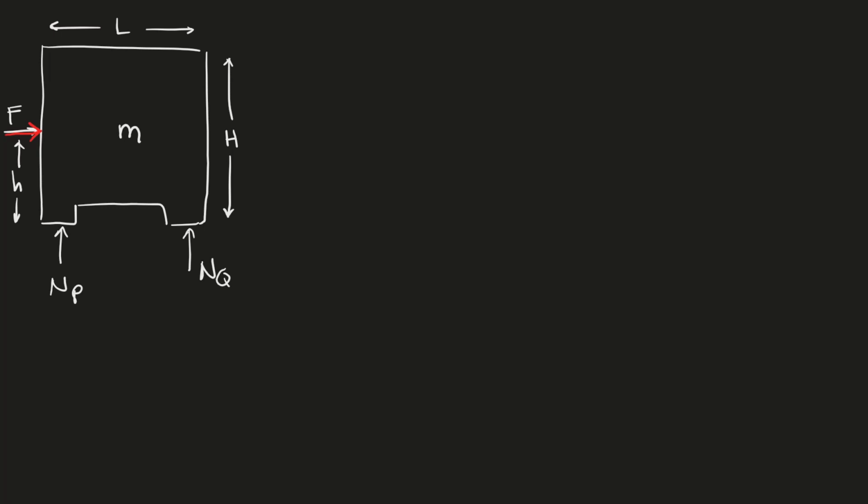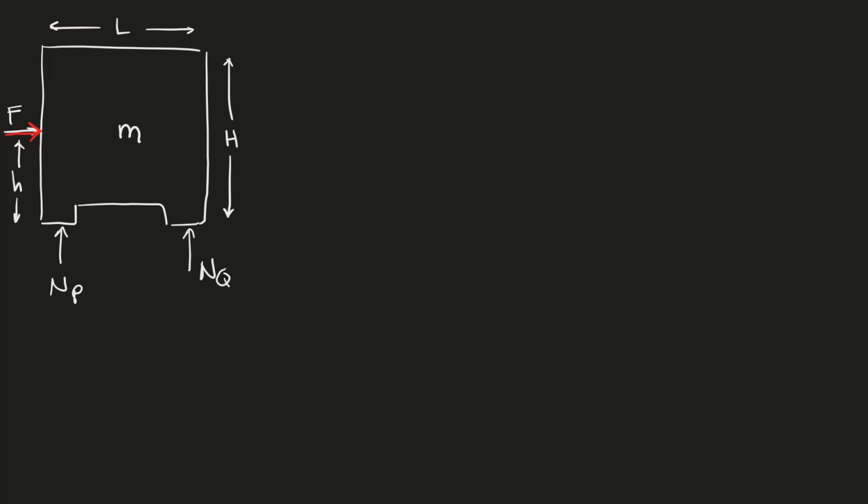Just going over them real quick, we have the height of the dresser, we have the length of the dresser up top, and then we have the normal force exerted on each of the two legs of the dresser, assuming we have a 2D dresser, right? And then we have the height, little h, from the bottom of the leg up to the force.